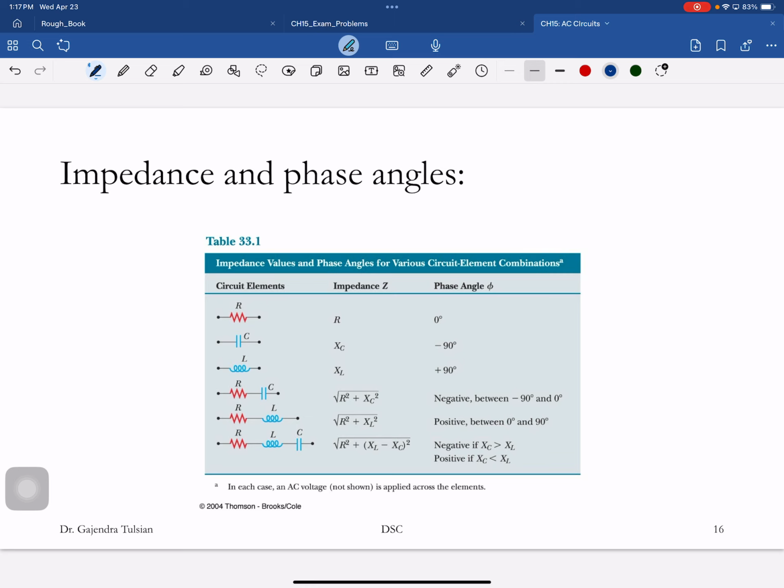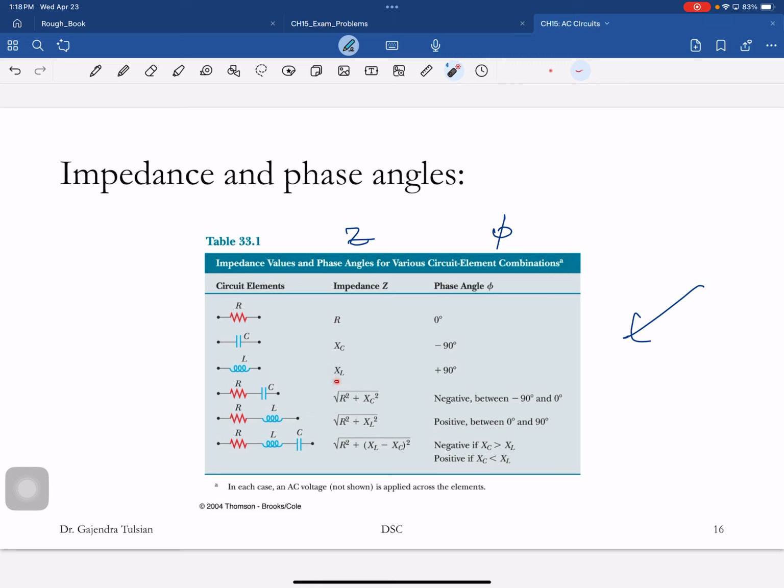All right, so if you have a purely resistive circuit, there is the impedance, and like I said, these two are so important that they've even made a table for you. For a purely resistive circuit, there's R and there's Z and phi. For a purely capacitive circuit, phi is minus 90 degrees.